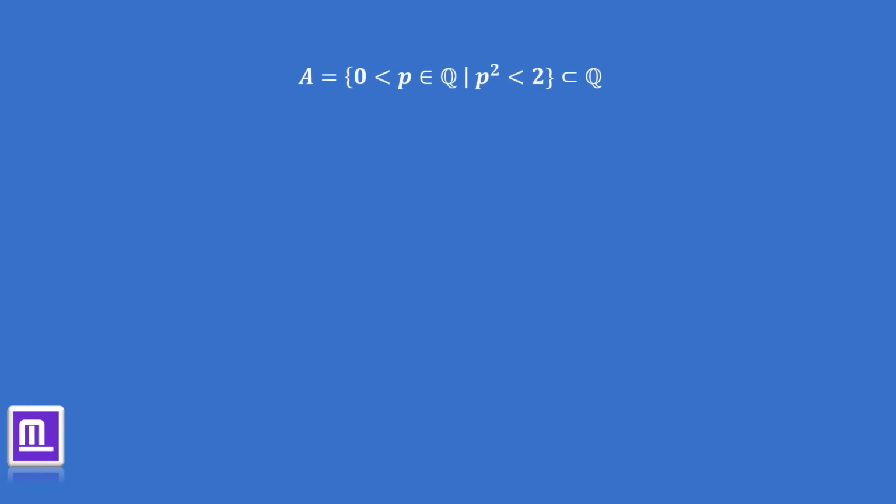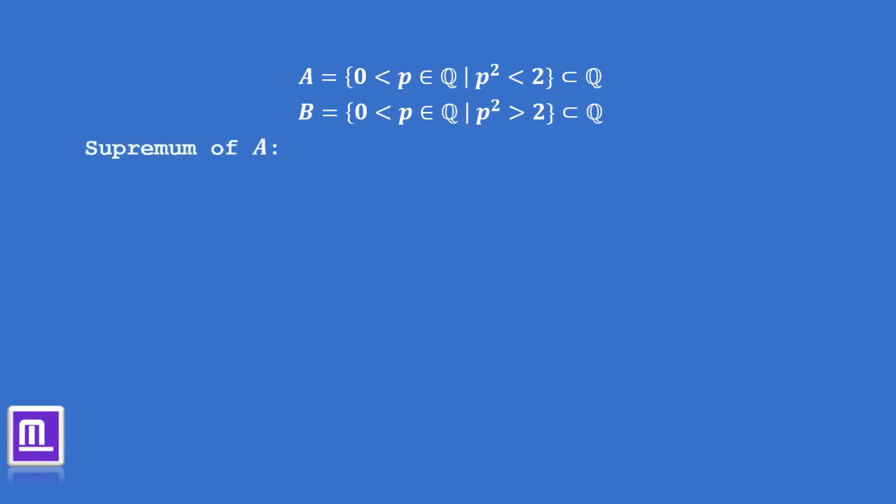You remember these two sets A and B: the set of all rational numbers whose square is less than 2, and the set of all positive rational numbers whose square is greater than 2. Both of them are subsets of Q. Now just take the set A and Q as a pair. So our E is A and S is Q here.